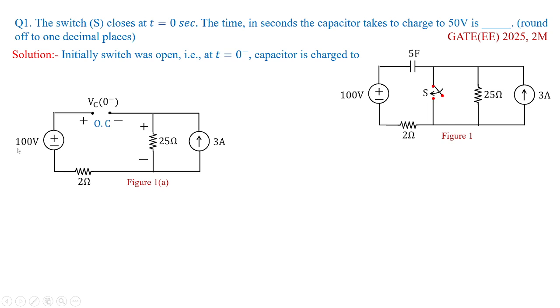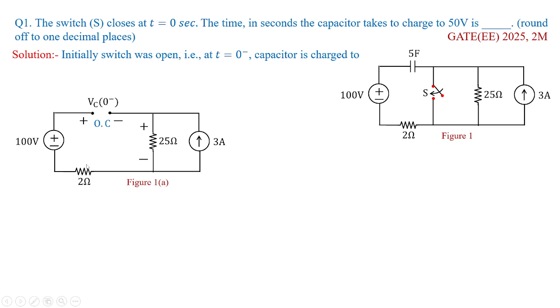What is that value? On the left-hand side you have 10 volts. On the right you can see there is a 3 ampere current flowing through 25 ohms, and this 2 ohms, since here it is open circuit, becomes a short wire because the current value is 0 and 0 multiplied with resistance becomes 0 volts.